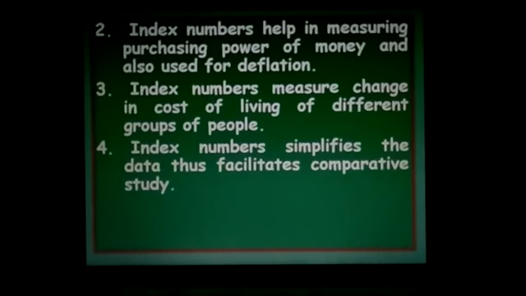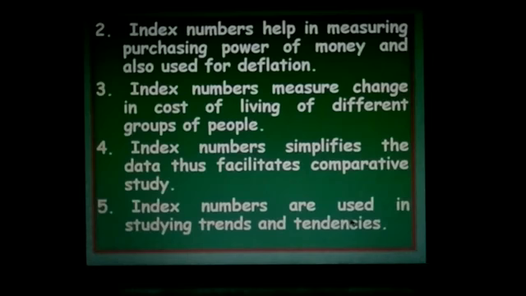Huge data will be there, and in one index number you will be able to interpret it, whether the index number has increased in the current year compared to the base year, or decreased, or is stagnant in nature. All those can be studied comparatively. That's why we are writing that comparative study becomes possible.